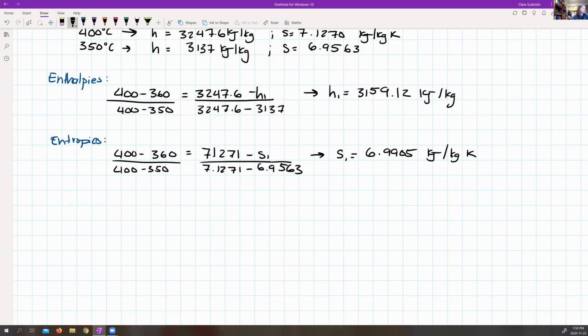And if I look at state 2, I'm going to see that my S2 is equal to S1, and it is between SF and SG, meaning that we're talking about a mixture again.